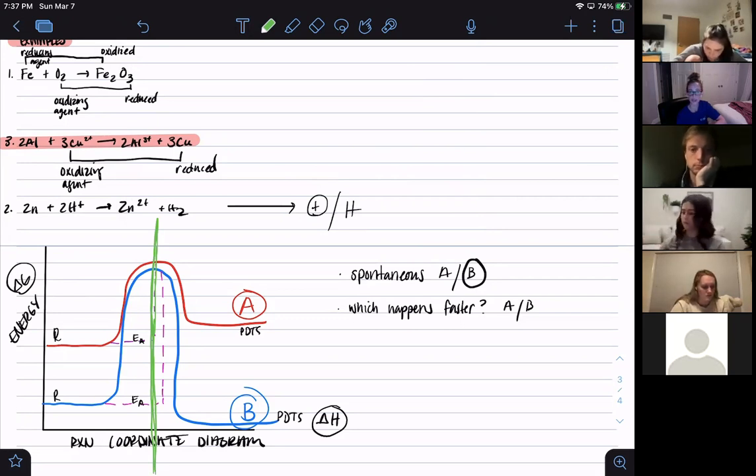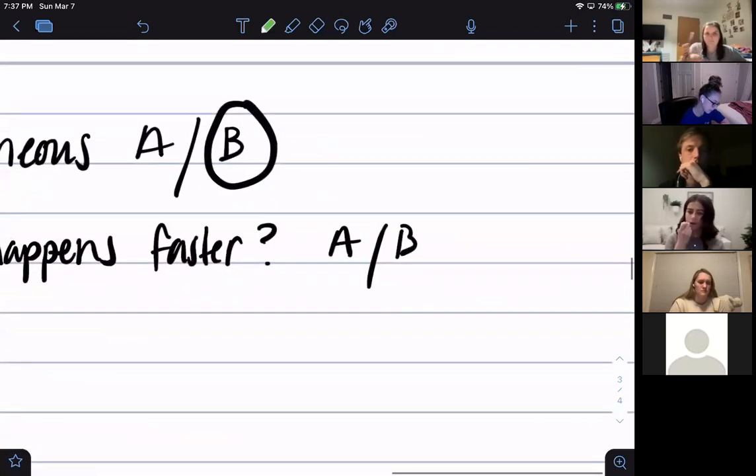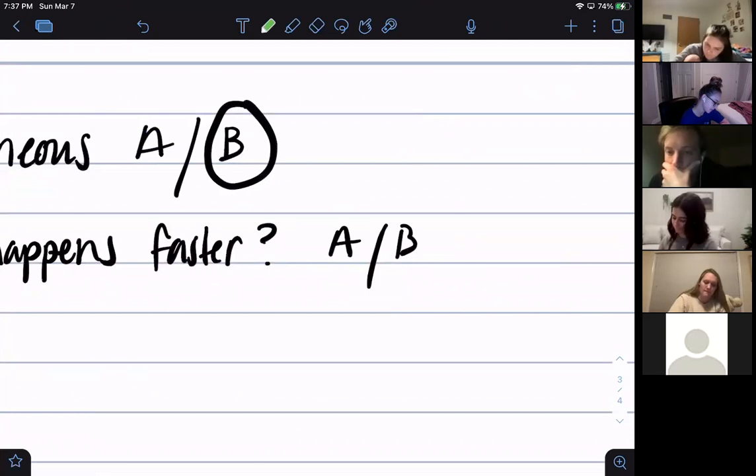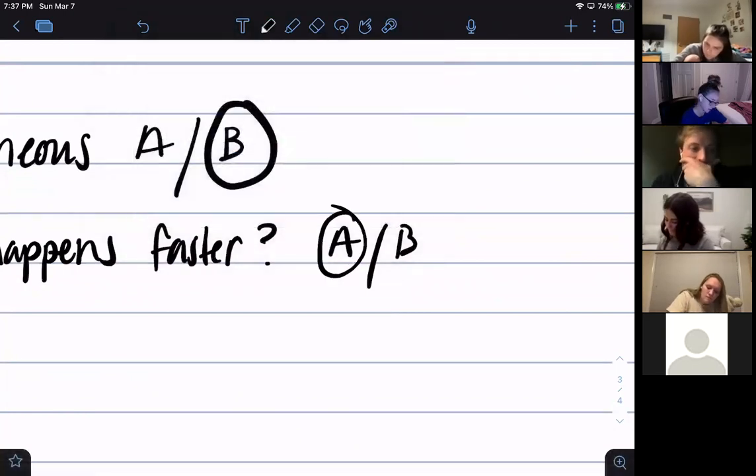Who is going to start making products first, A or B? I guess it'd be A because the activation energy is lower. Yep. That is the answer I'm looking for.